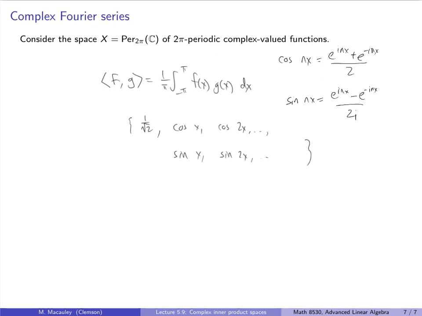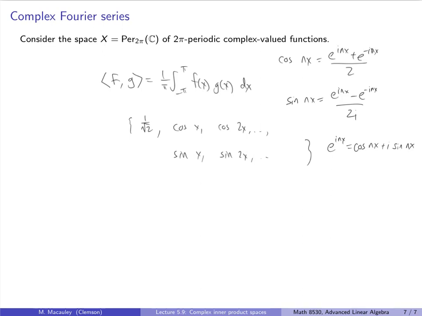And similarly, you go the other direction by saying e to the i nx is cosine of nx plus i sine of nx. So you could actually go between these two spaces by just turning cosines and sines into exponentials, or vice versa.